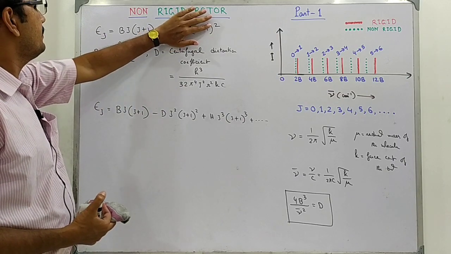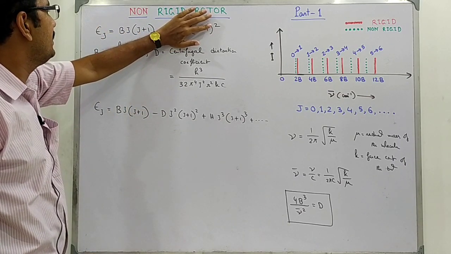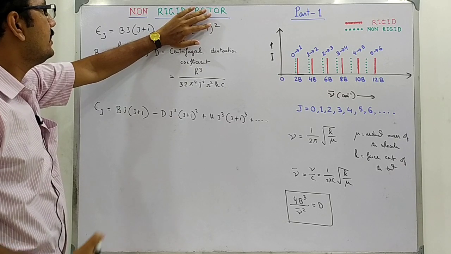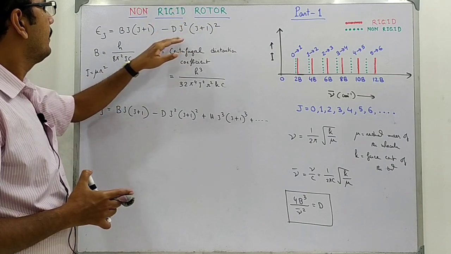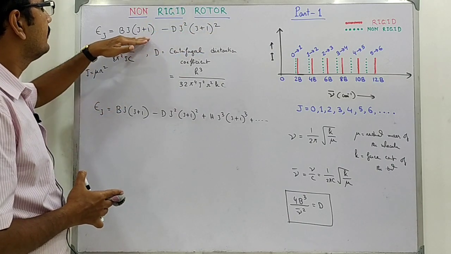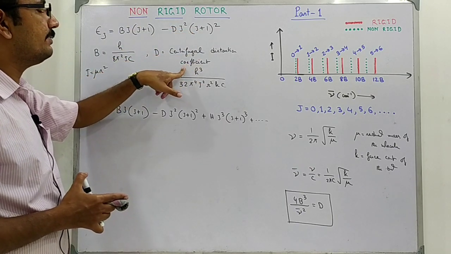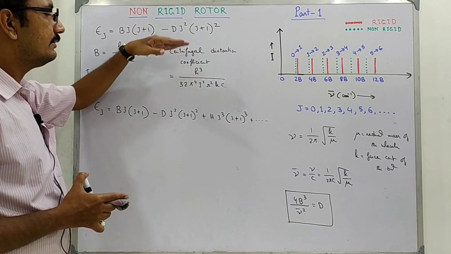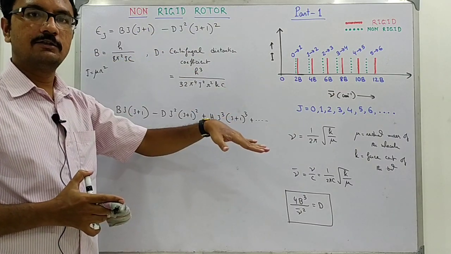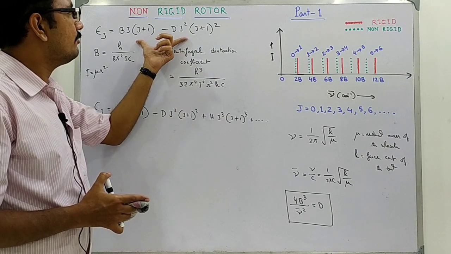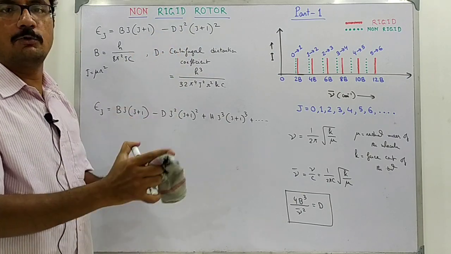When you take only the expression epsilon j equals B into j plus 1, it is for the rigid rotor. When you take this expression, it gives the non-rigid rotor with the centrifugal distortion coefficient, but this is due to simple harmonic vibration. So, we have considered a non-rigid rotor here, but the vibration is in simple harmonic mode.